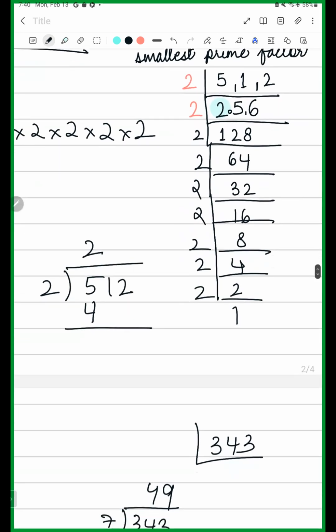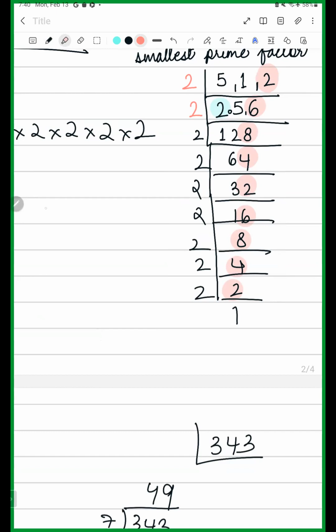But how do we know they are the factor of 2? That is what we are doing. Hiba, देखिए, this is an even number. How do we know? Last digit is even. Here last digit is even. So obviously they are all multiples of 2. 2 will be a factor of all of them because हमें पता है कि आप 2 का टेबल एक बार देखिएगा. 2 का टेबल याद करिए क्या होता है.